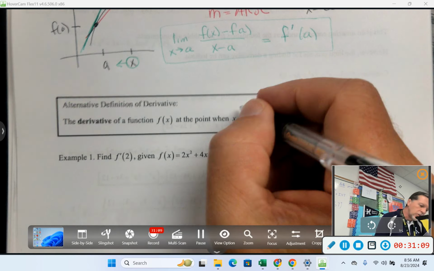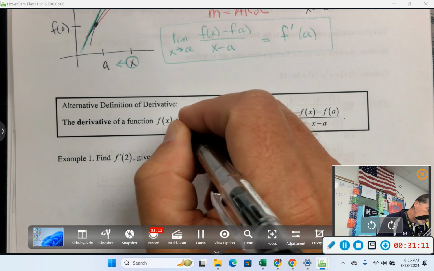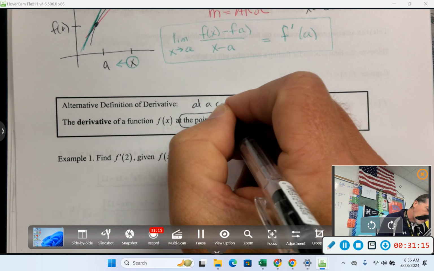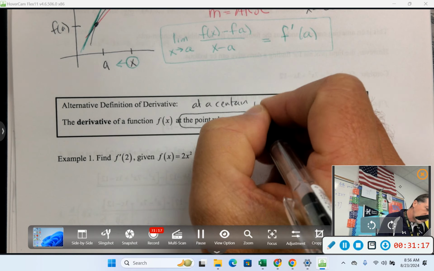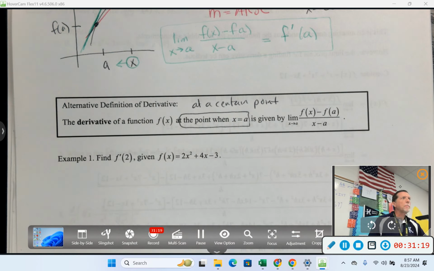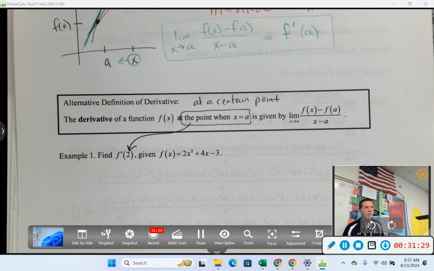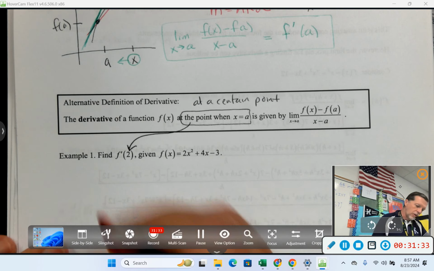And which one to use is when it tells you at a certain point. Then you use the alternative form. At a certain point, you use the alternative form. So that example 1, f prime at 2. The at 2 means we're going to use the alternative form.